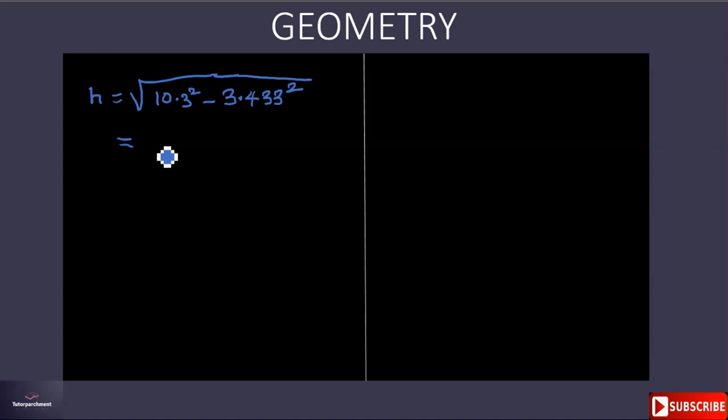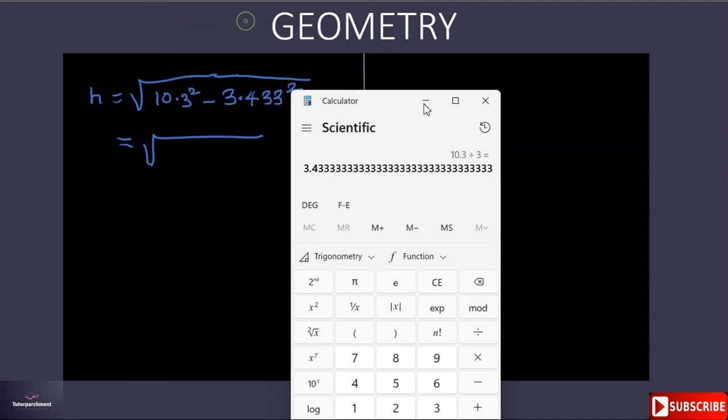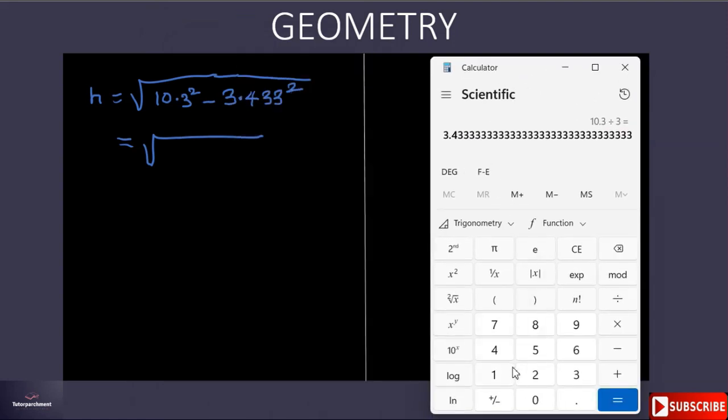So solving this using your calculator, this should be 10.3 square, sorry, 10.3 square, yeah, minus 3.433 square.